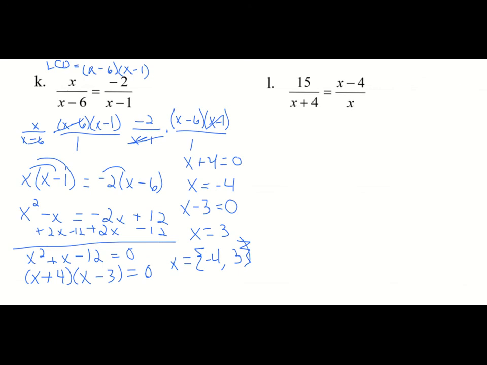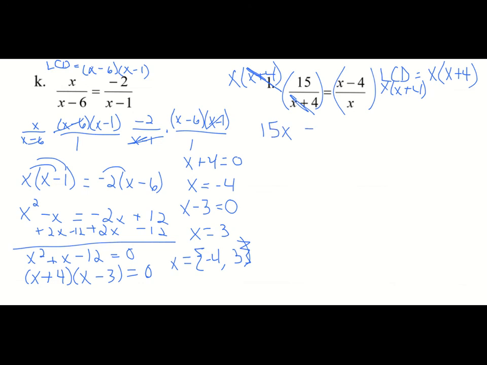All right, and my last one here, I have x plus 4 and x. So my LCD is going to be x times x plus 4. I would put the two factors together. So when I multiply everything times my denominators, remember on the left-hand side, the x plus 4's cancel, and it leaves me with 15x is equal to.